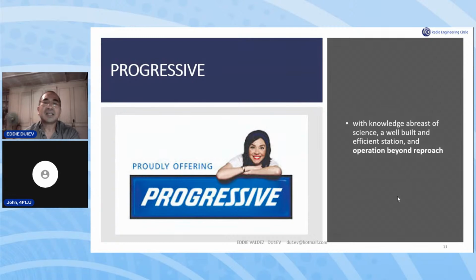Right? An amateur is progressive, with knowledge abreast of science, a well-built and efficient station, and operation beyond reproach. Right? So you have to keep updated. Right? Keep on reading. An amateur never stops learning. Right? Especially because this is a technology-based hobby. You should always update with the latest technology.